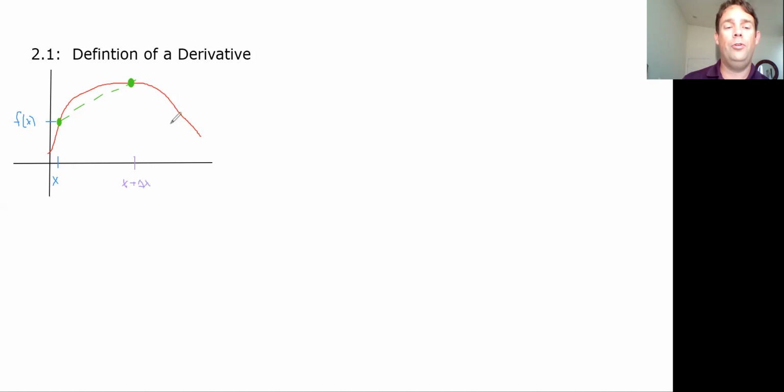And the reason why we're using delta x is we said delta x would be the distance between these two values. And if that was x plus delta x, then that meant that this y value here was really f of x plus delta x.